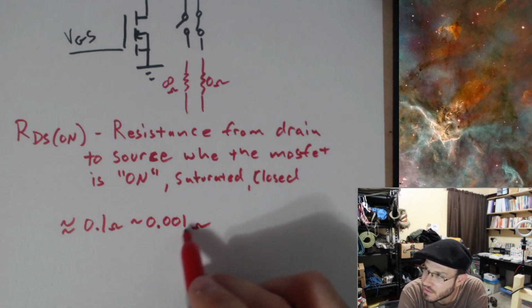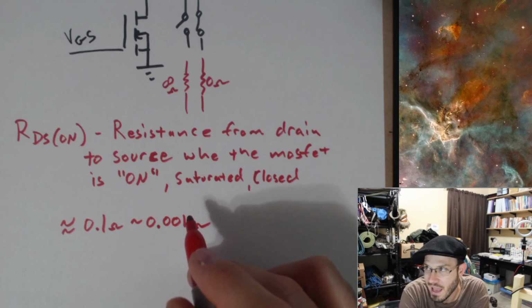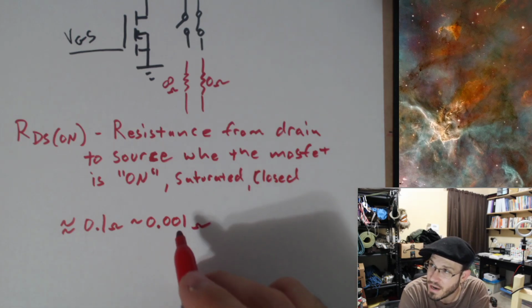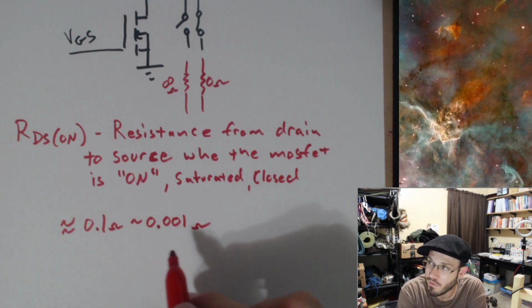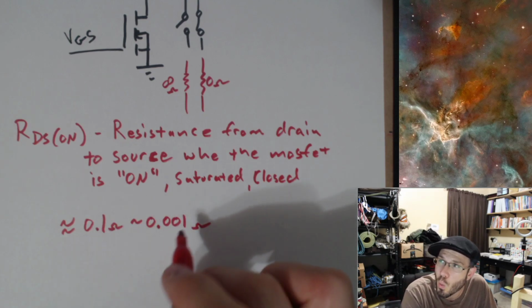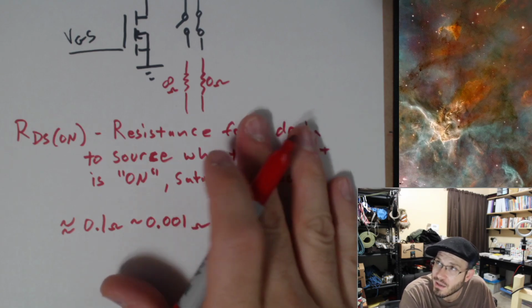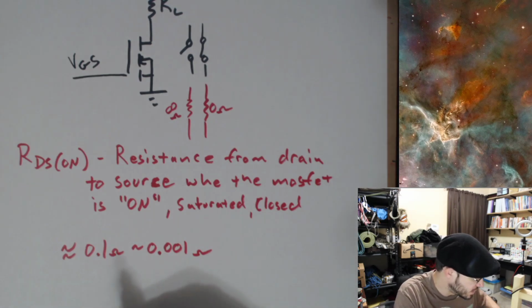Now, ideally, I'd like this to be as close to 0 as possible. You're never going to get absolute 0 ohms, but you can get very close. You can get in the milliohm range. And so the type of MOSFET that you use will tell you in the data sheet what the resistance looks like when you have exceeded that gate source threshold voltage.